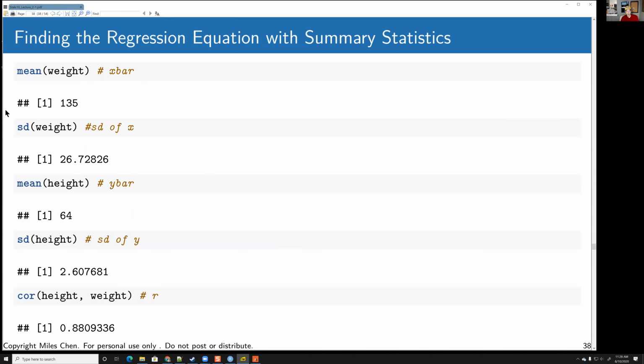So I've just gone ahead and done these using the calculator, the computer, to find the mean and standard deviation of these variables, okay? And then the correlation can also be found using cor. What is the syntax to find the slope and intercept of a linear regression using R?